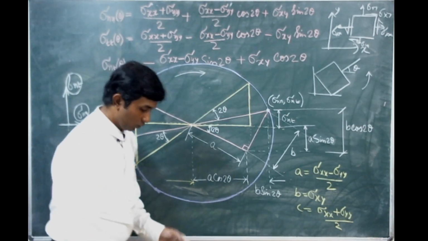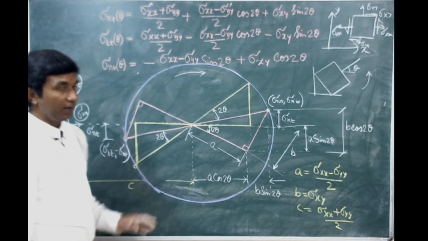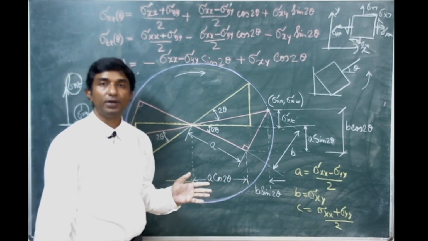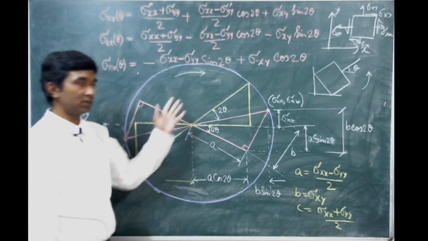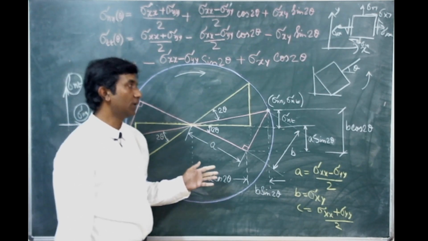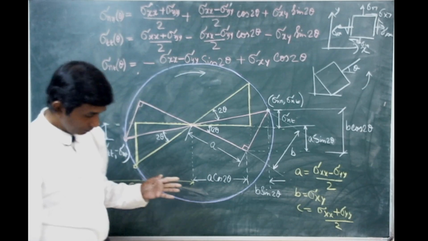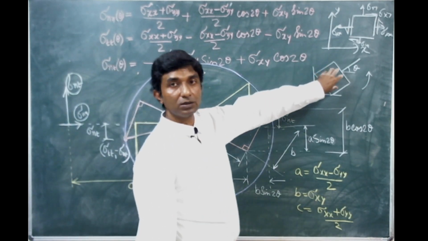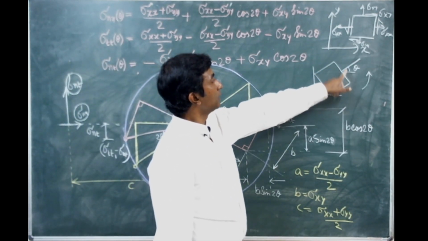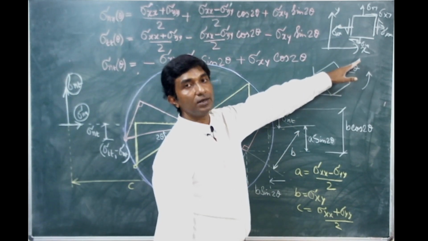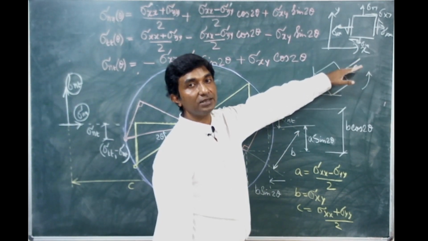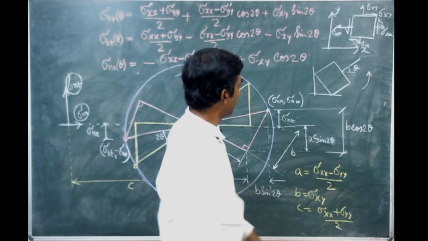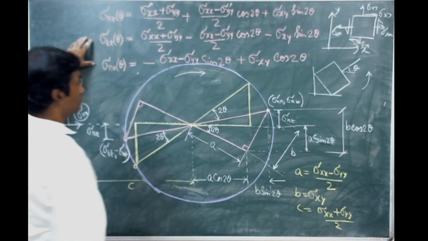Now coming to the Mohr circle, as I said that it is the geometric way of representing the stress transformation. Okay, so here we consider this block, and this normal to that face that is making theta angle with the x-axis. So this is the transformation rule.